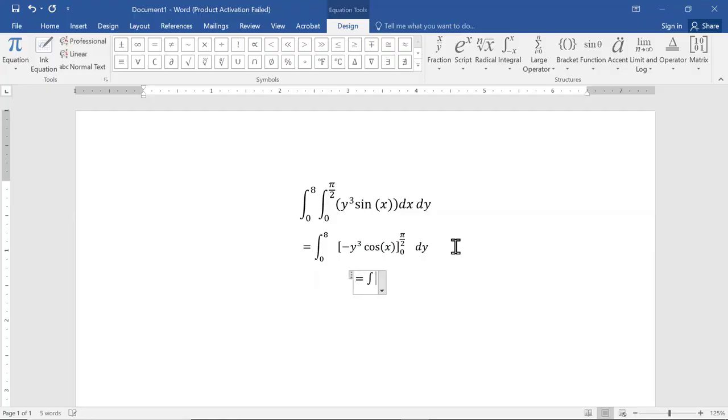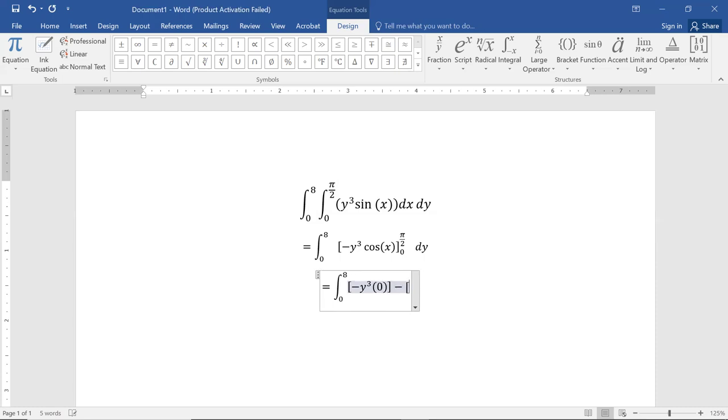My integration from 0 up to 8, well, it's going to be negative y to the third times cosine of pi over 2. Now, when you take the cosine of pi over 2, I get a 0. So I'm just going to write down 0 there.